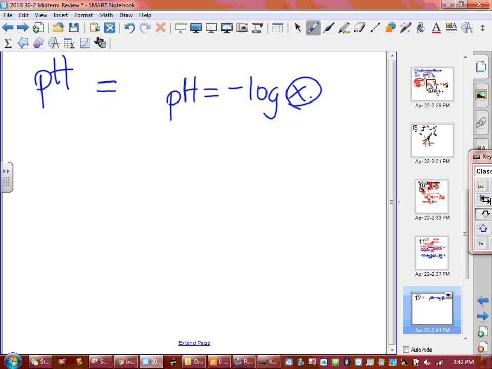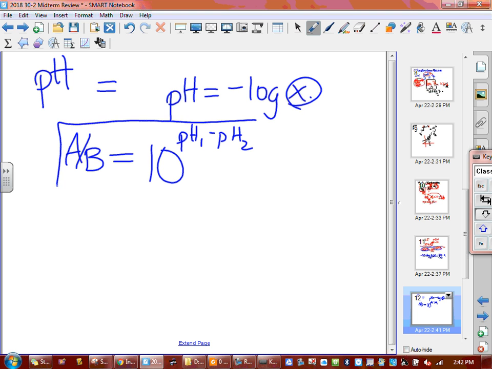Now, again, it could say something is stronger, more acidic, or basic. So I'm just going to put A/B on acidic or basic, or alkalinity is equal to 10 exponent pH1 minus pH2. So it's very similar to the magnitude earthquake one. And they'll give you this in the equation. They'll show you something similar to this.